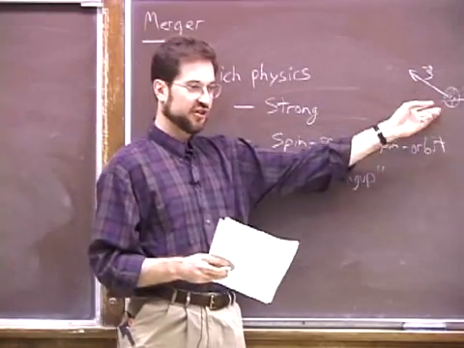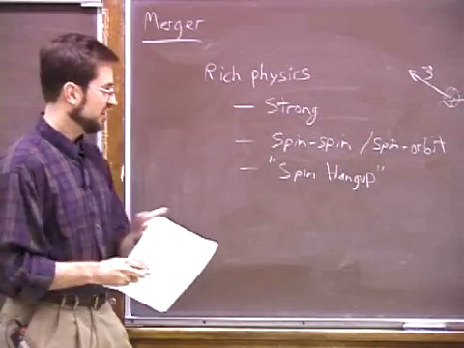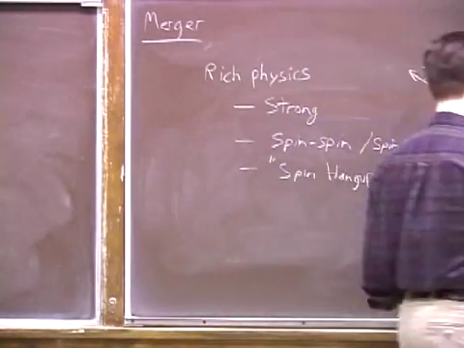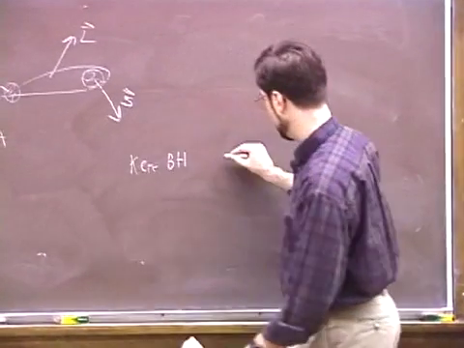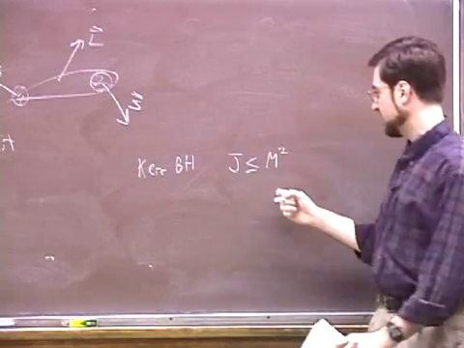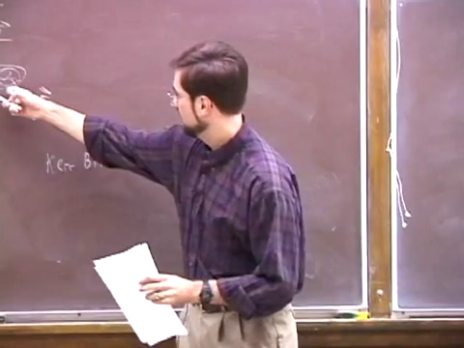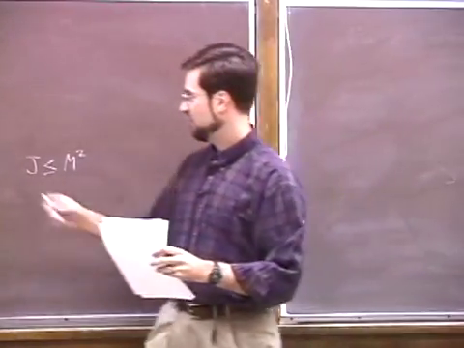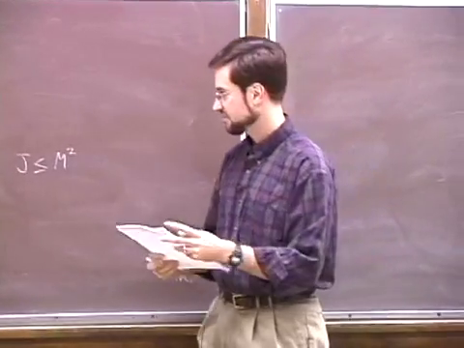And that's basically because of all of this complicated dynamics that's going on, and the fact that once you form a final black hole, a Kerr black hole, the total angular momentum has to be less than or equal to M squared. And depending on what the various angular momenta in the problem are, you might be going through various contortions in order to radiate away any extra angular momentum you have.